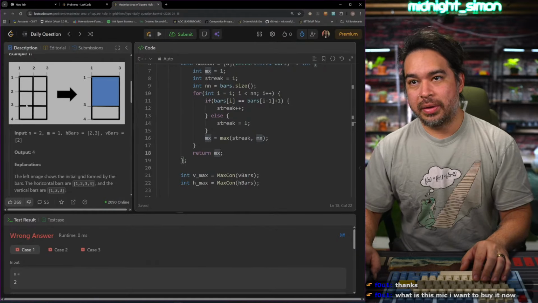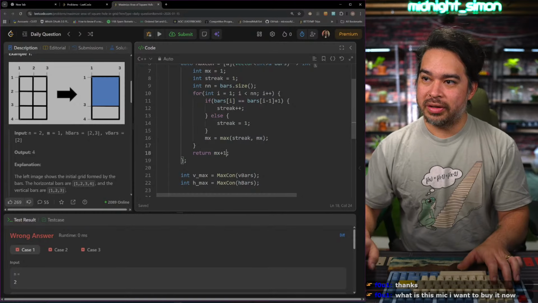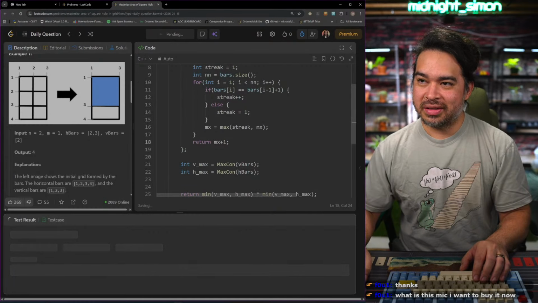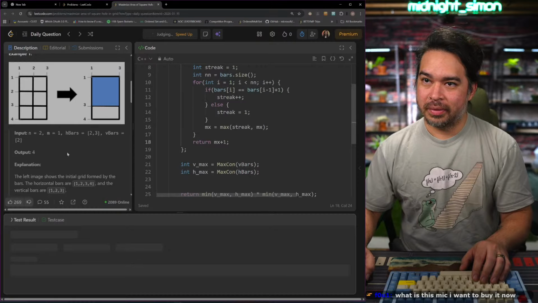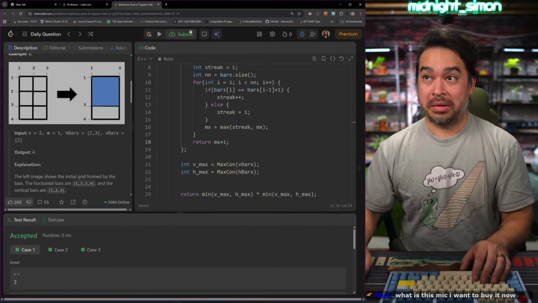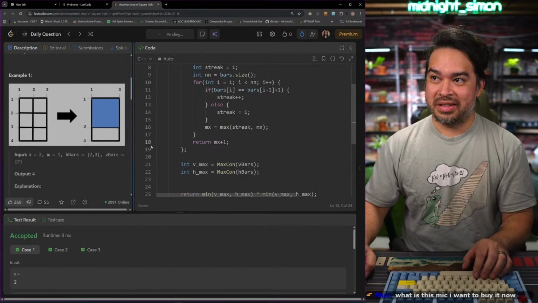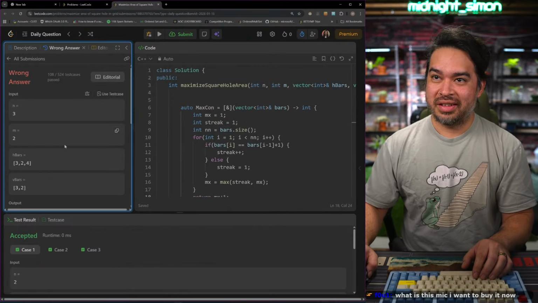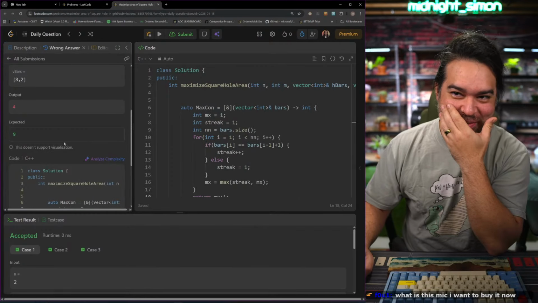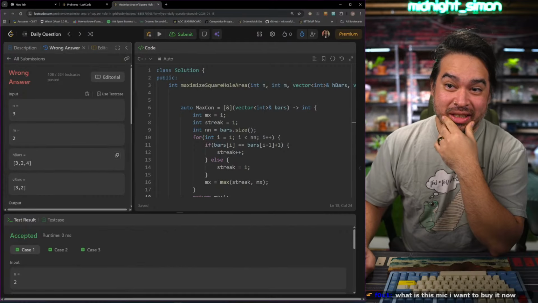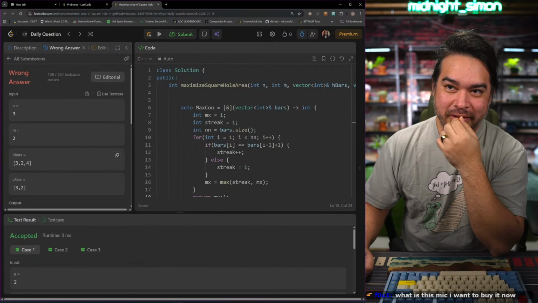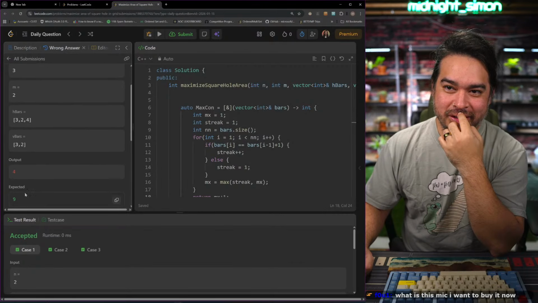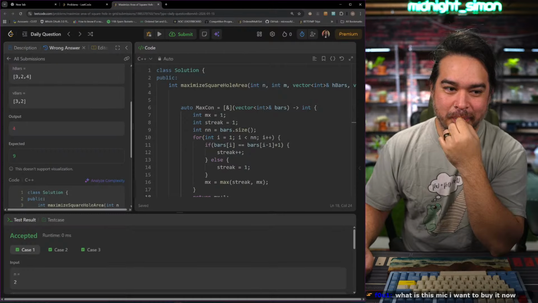So if this is 2 and 3. 1, 2, 3. Should I return this plus 1? Does that even make sense? We'll see. I don't think it makes sense, but I had to submit anyways. Alright, I have to figure out all these things in detail now.